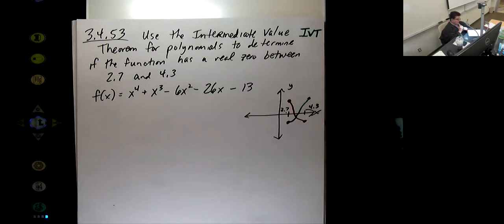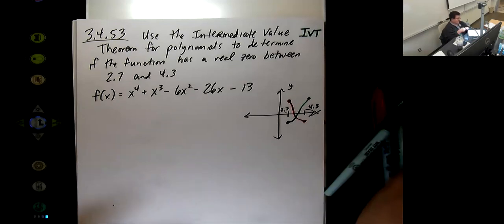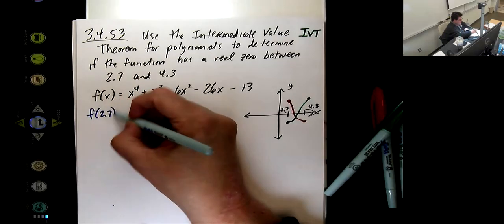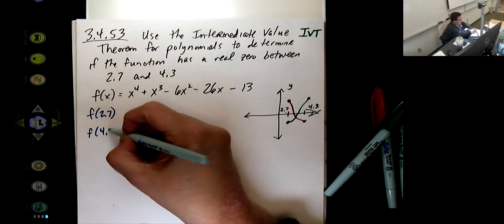So this is busy work for your calculator. Calculate f of 2.7 and f of 4.3.